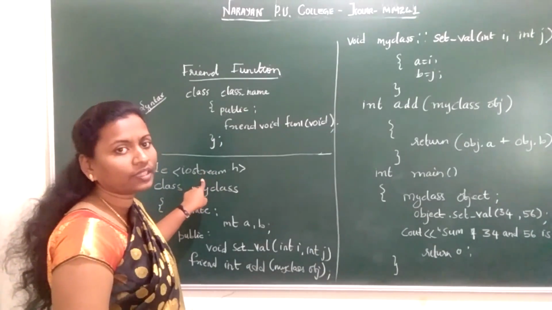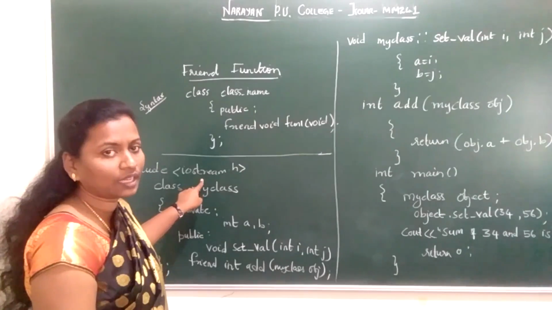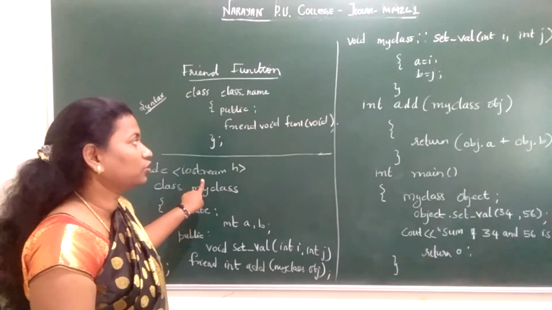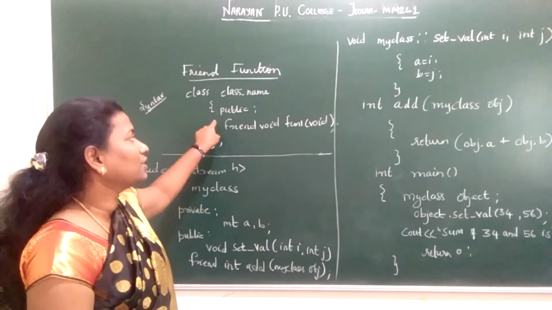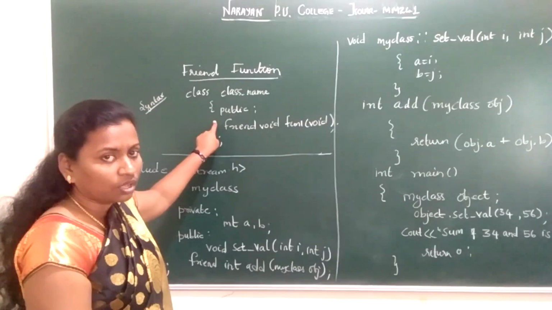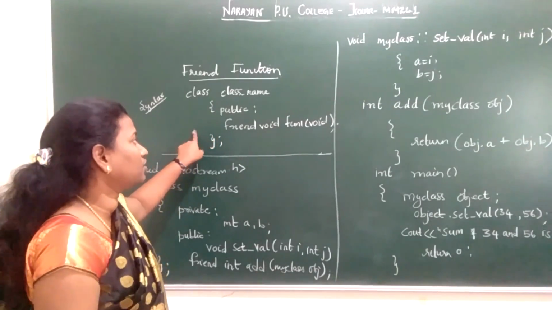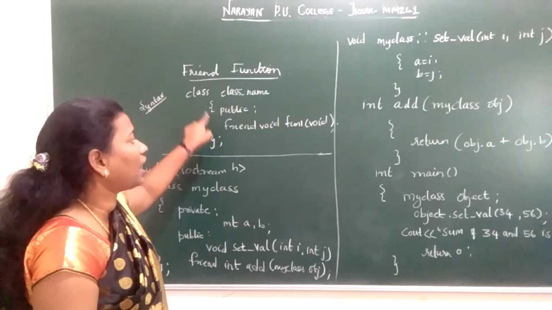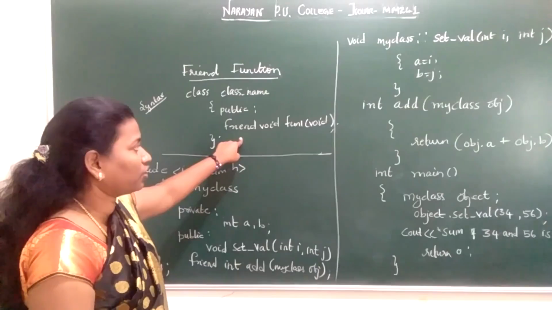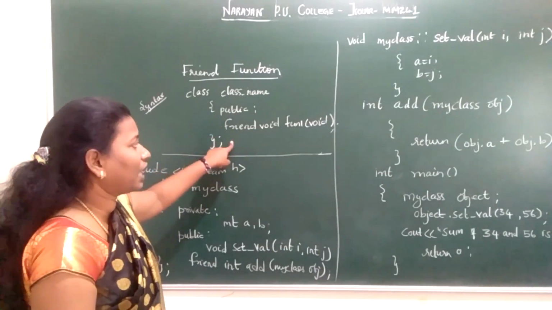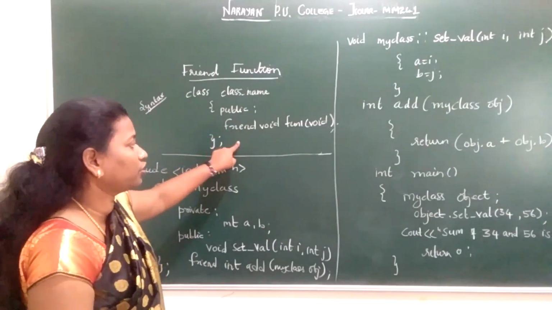A friend function, though a non-member function, can access the members of the class.